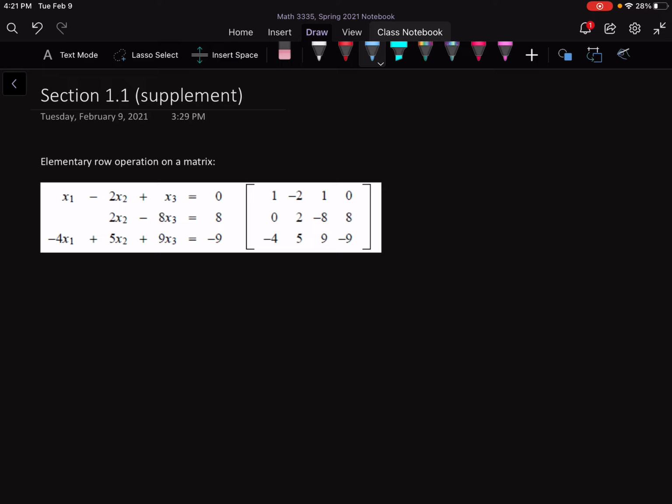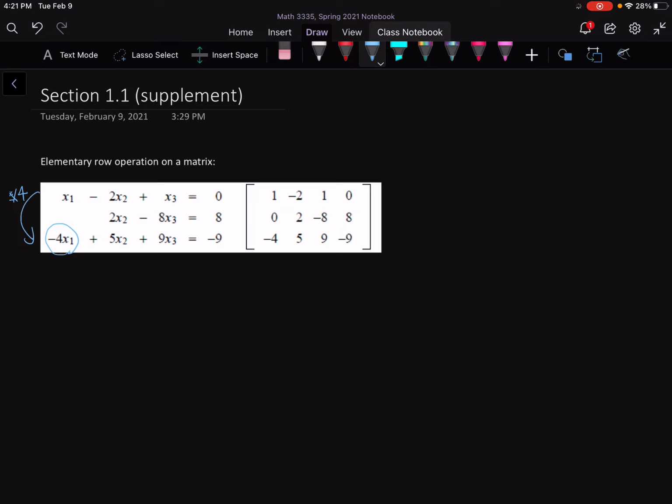The elementary row operation is simply an elimination method to solve a system of linear equations. So we want to use the elimination method. We want to eliminate this 4x1. So what we want to do is equation 1 times 4 added to equation 3.